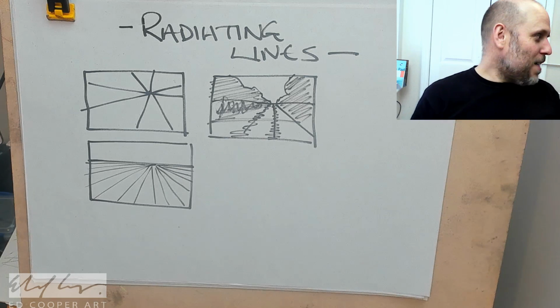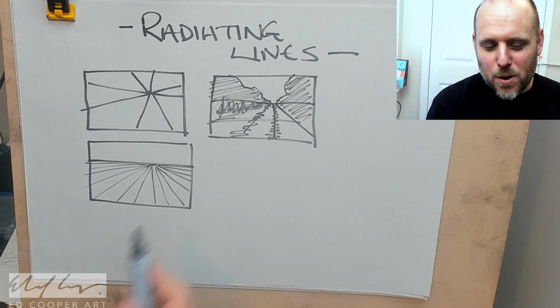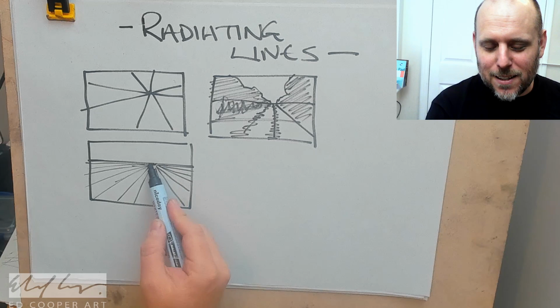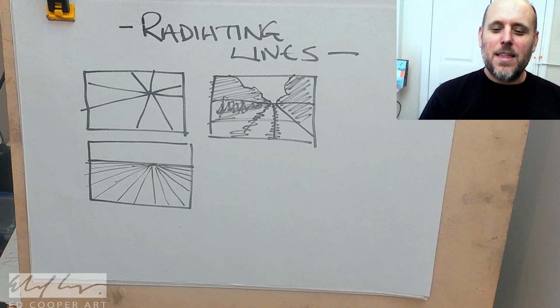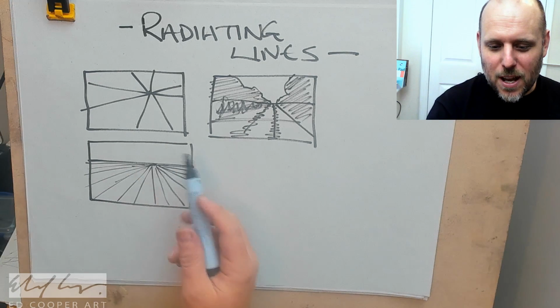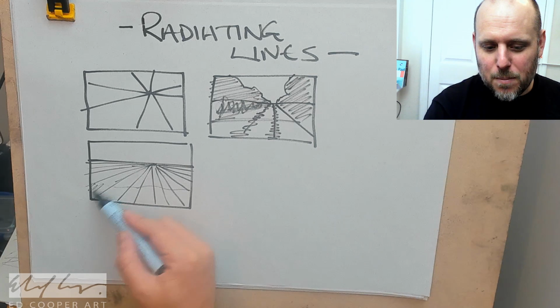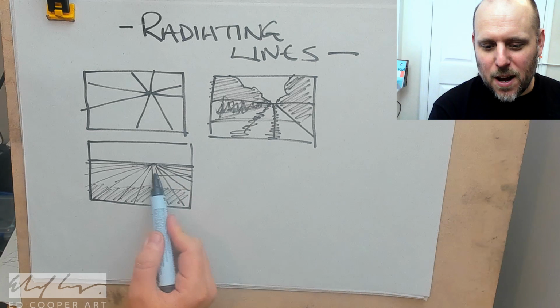When you have that sort of situation, one book I read suggested that your eye will move too quickly. It's almost like it goes across these lines so quickly that it's a bit unsatisfying. So what it suggested was to break it up, even though you can still see those lines, with some horizontals.